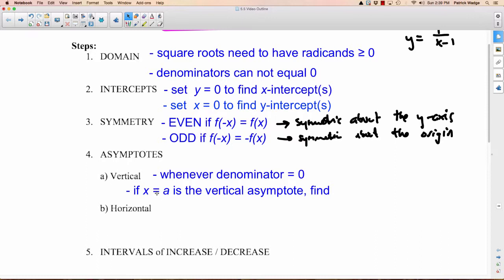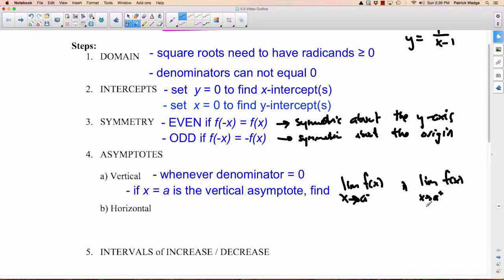So remember, if x equals a is the vertical asymptote, what you'll need to find is the limit of the function as x approaches a from the left, and you'll also have to find the limit of f of x as x approaches a from the right.